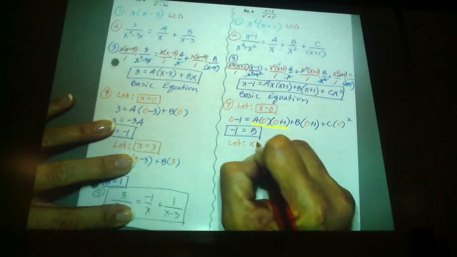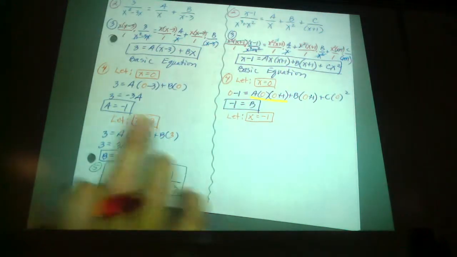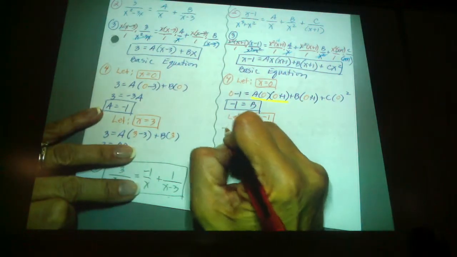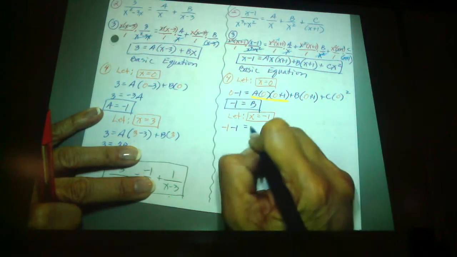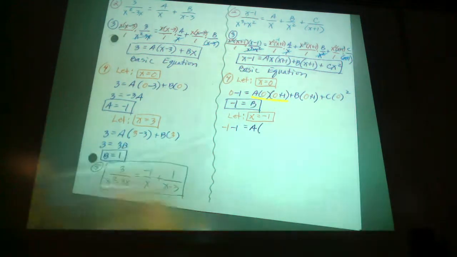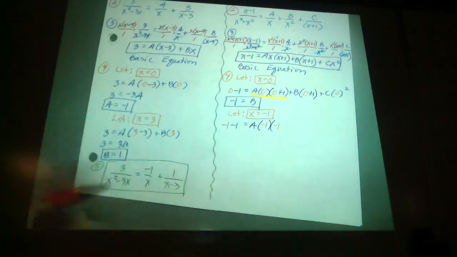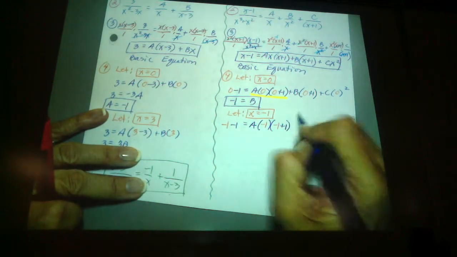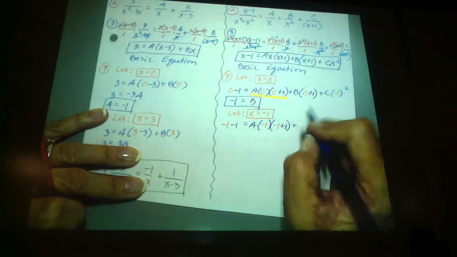All right, so then we're going to let x equal -1, because that's our other 0. So do it again. We've got -1 minus 1 equals, I still don't know a, times -1, and then -1 plus 1, plus, I do know b, but it won't matter in this case.